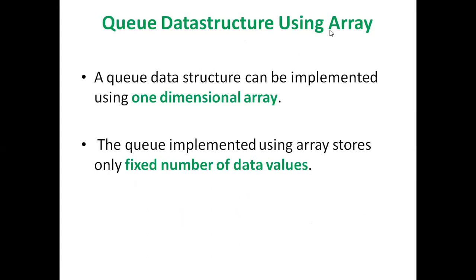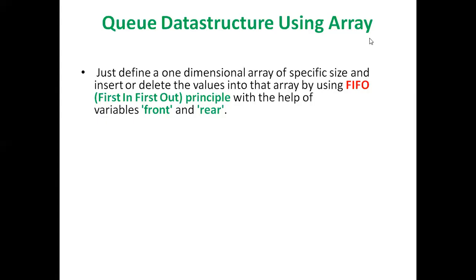The queue implemented using array stores only a fixed number of data values. Means we can insert only limited values by using queue using arrays. So we define one-dimensional array of a specific size and insert or delete the values into that array by using FIFO operation with the help of the variables front and rear.